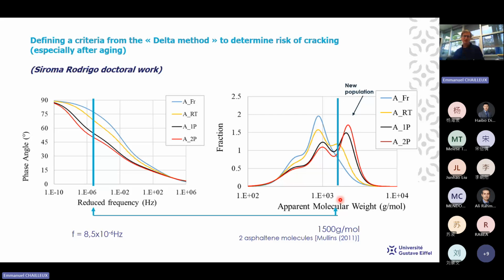And we know that the aging of bitumen, which leads to a more cracking behavior, is dependent on the agglomeration of asphaltenes. On a fresh bitumen and on the aged bitumen here, using RTFOT and PAV, a new population appears after aging using the delta method, and this new population arrives in the high molecular size domain, and we imagine that it represents some molecular asphaltene agglomeration.